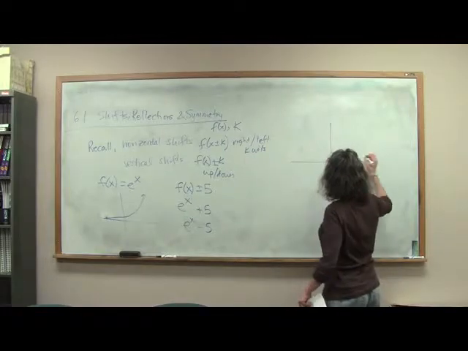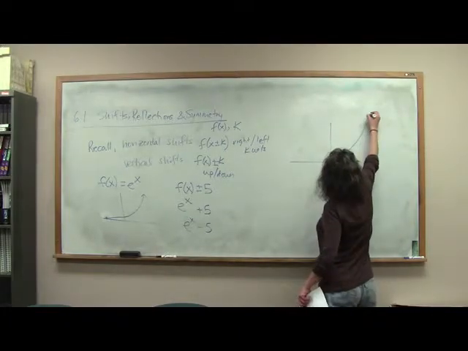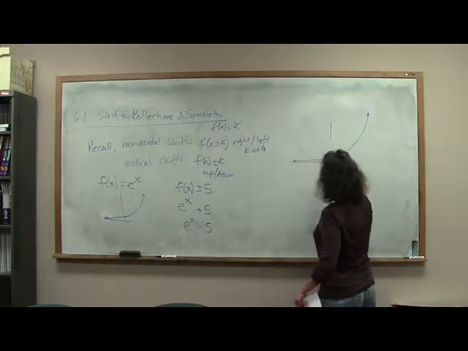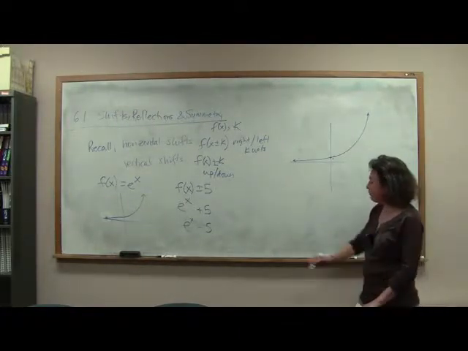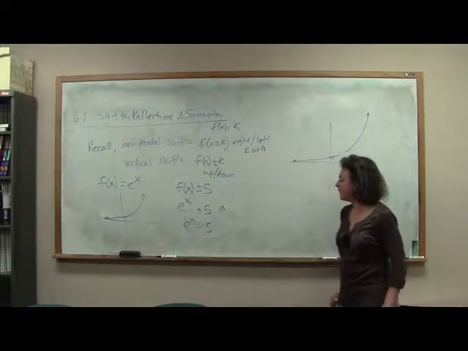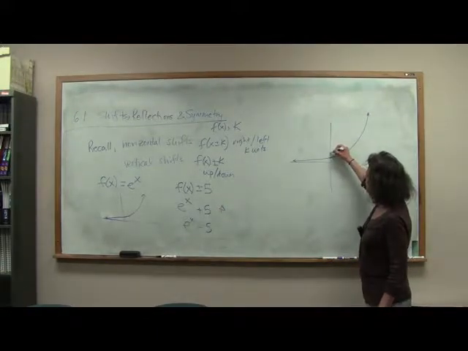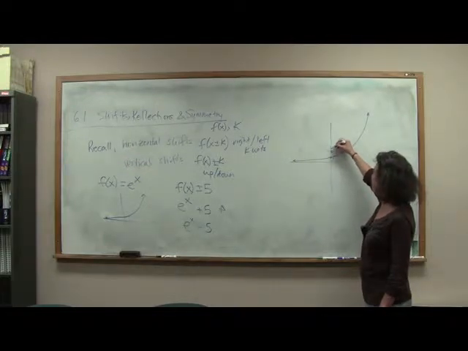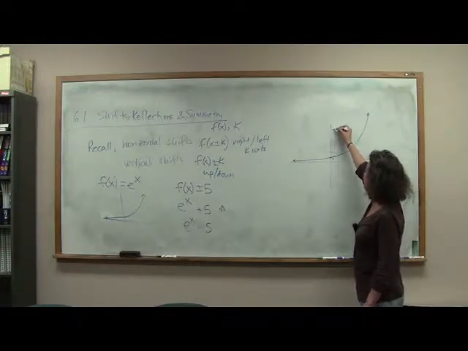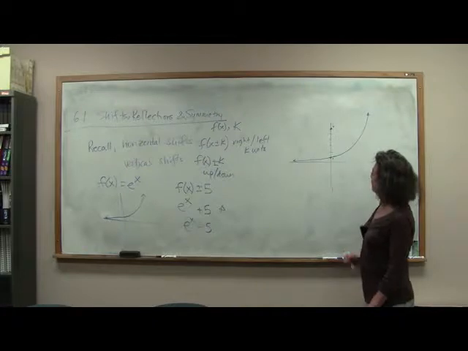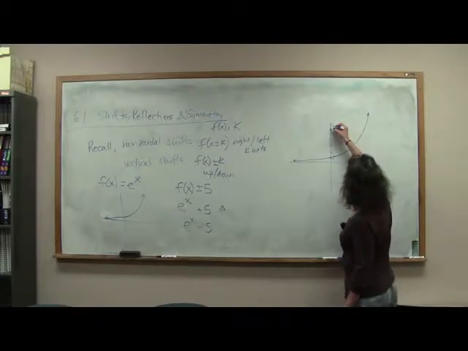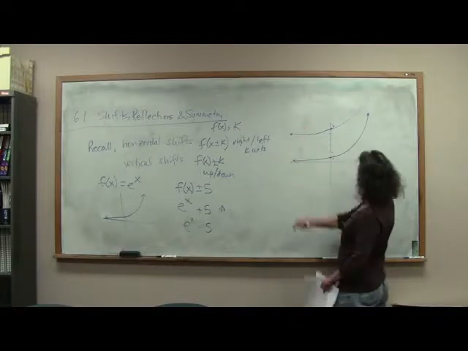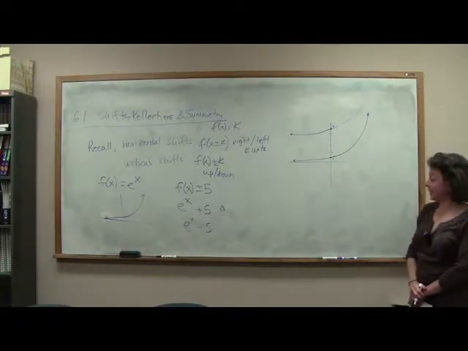So let me just redraw this over here. Recall this is the point 0, 1. So if I'm going to graph e to the x plus 5, I literally move everything up 5 units. So 1, 2, 3, 4, 5. So now we're at our y-intercept of 6, and that's what our graph looks like.